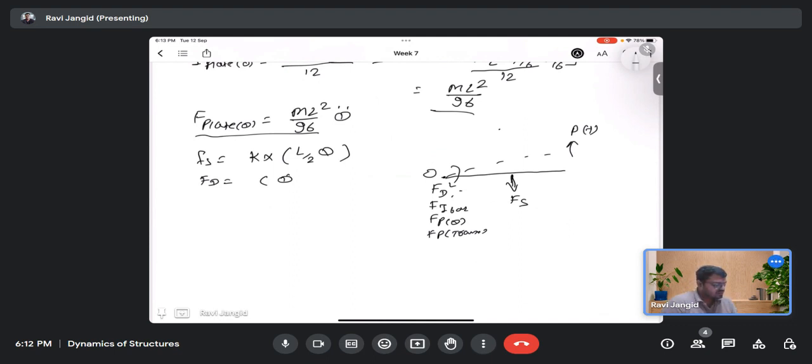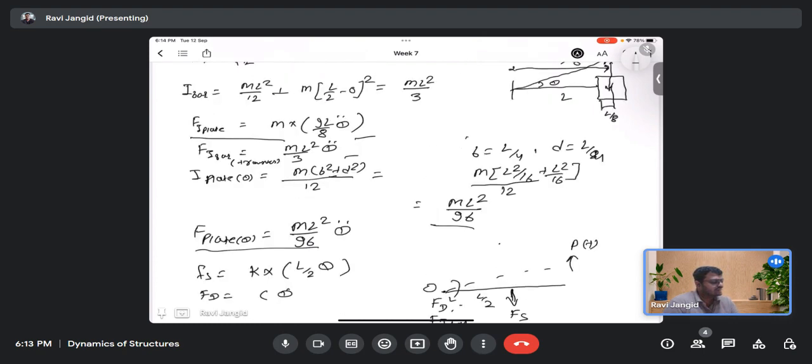That is the f I bar plus f I plate in the rotational, plus f I plate in transverse, and plus fs into L by 2, and minus pt into, it is applied at the center here.